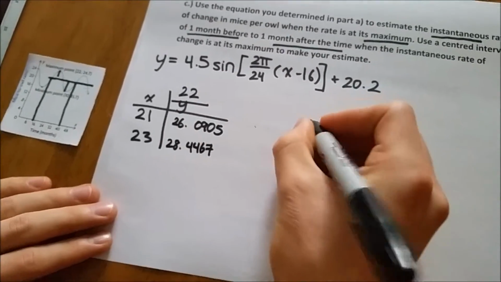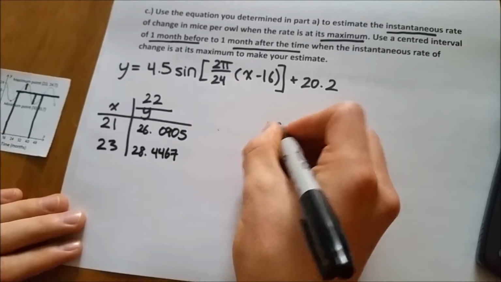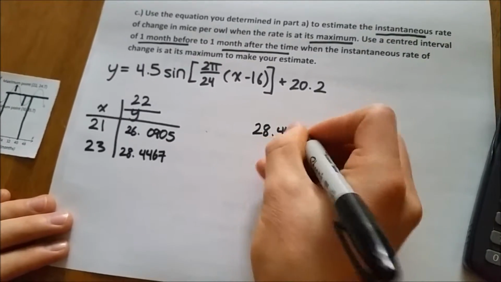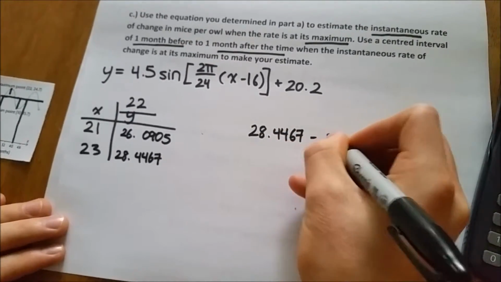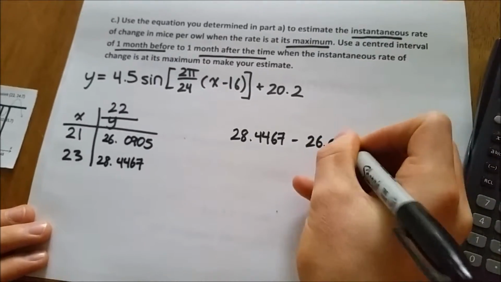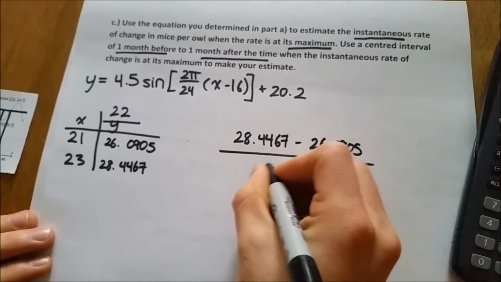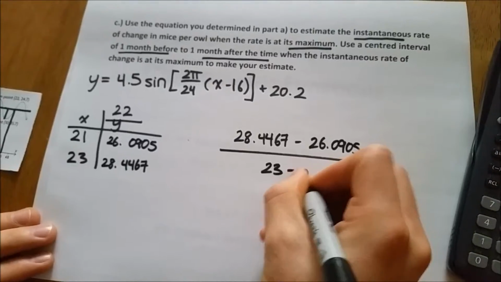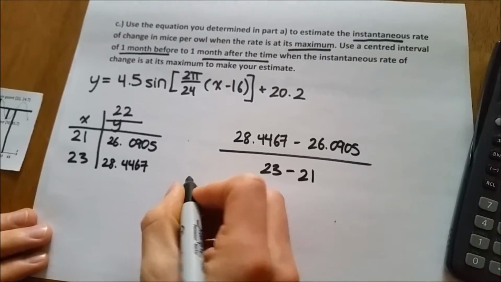To find the instantaneous rate of change, it is our y values subtracted on top, and our x values subtracted at the bottom. So we do 28.4467 minus 26.0905, divided by 23 minus 21.